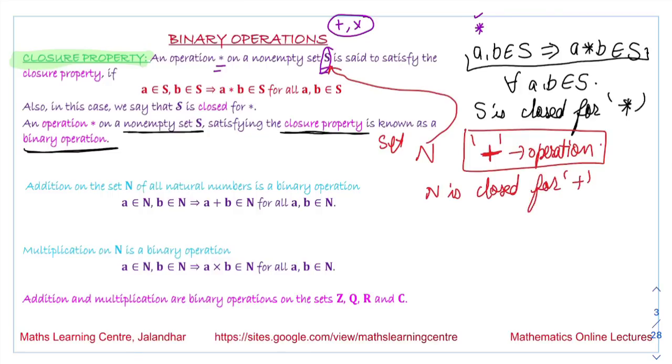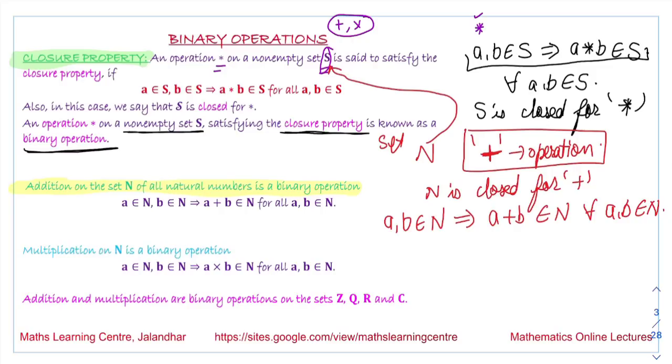If we take two natural numbers A and B from N, then A plus B is also a natural number, and this holds for all A, B belonging to N. So addition on the set of natural numbers is a binary operation.